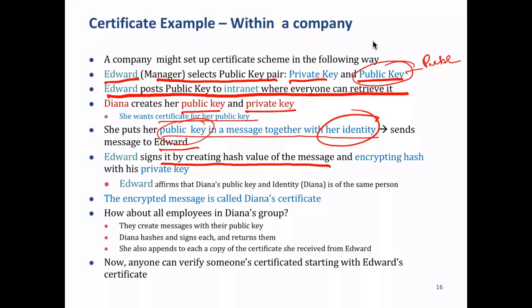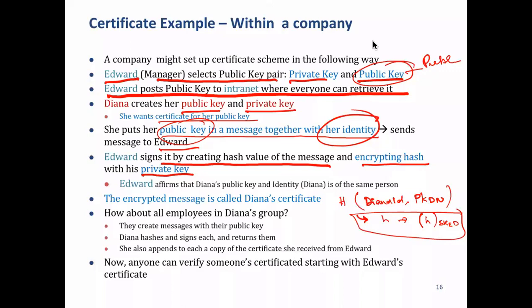So he takes Dinah's ID and then Dinah's public key, gets the hash of this, and then encrypts the hash with his own private key, which is SK of Edward. So this becomes Dinah's certificate.